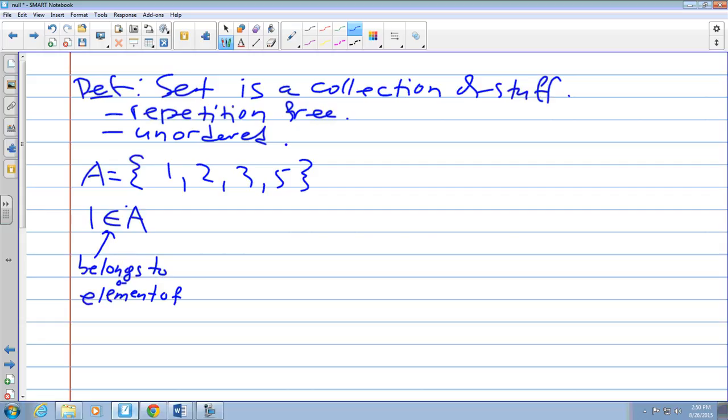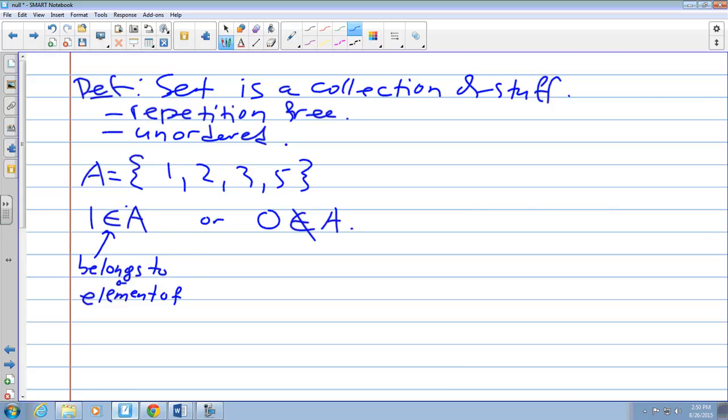It's a weird-looking C with a tongue. And if it does not belong to, we write it like that. So it does not belong to. Okay, so that's just a little bit of set notation.